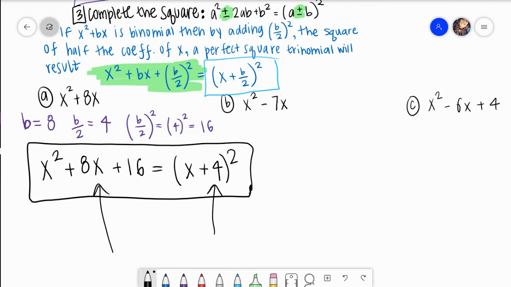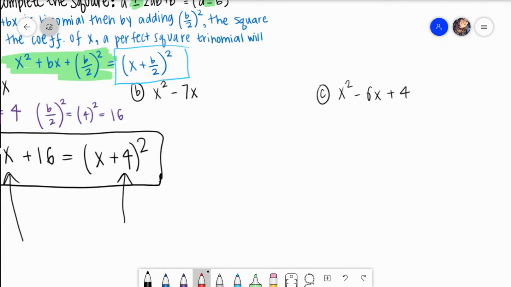Okay, so I'm going to do x squared minus 7x. I need to know what my b is, and my b is negative 7. I need to know what half of my b is, which is negative 7 halves, and I need to know what half of my b, squared, is.